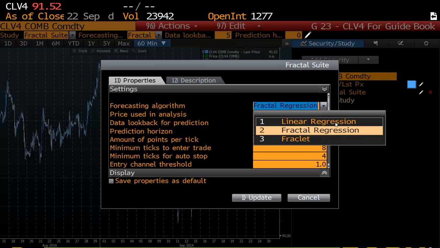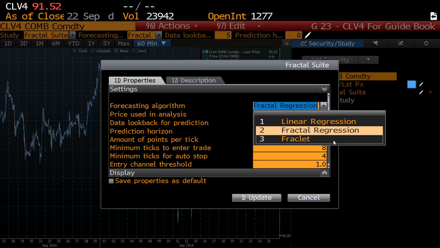It uses linear regression, which is something that you've probably heard of before. Number two is fractal regression, which uses a nonlinear regression formula for looking at previous data and projecting it out into the future, and also using a form of fractal analysis as a filter would be the best way to describe it.